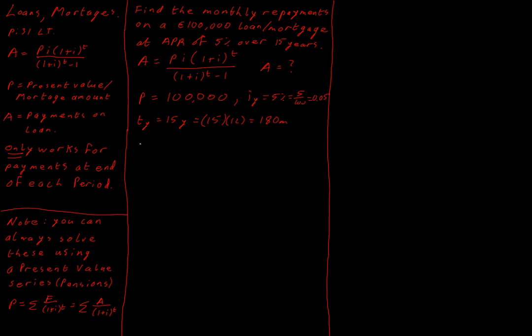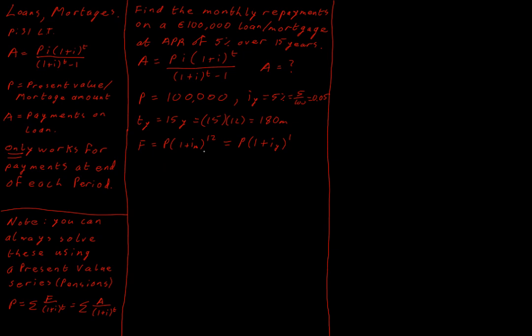And my yearly interest rate, well, I know that my final value must be the same whether I compound monthly or yearly. So (1 + I monthly) to the 12 must be the same. I must get the same final value from any payment if I had my yearly interest rate for 1 year. 1 year is the same as 12 months.